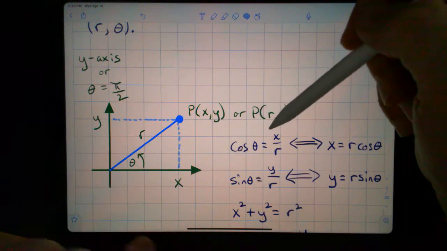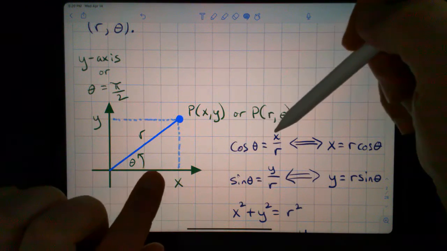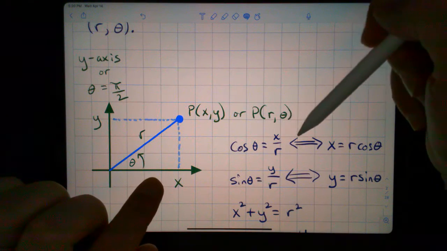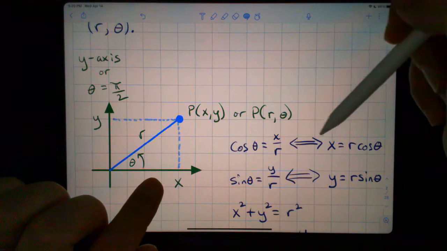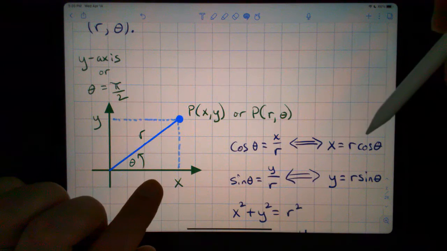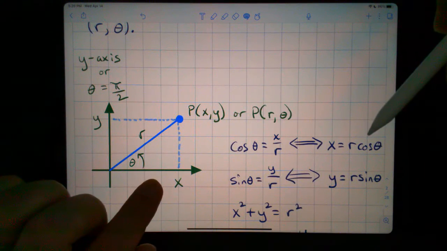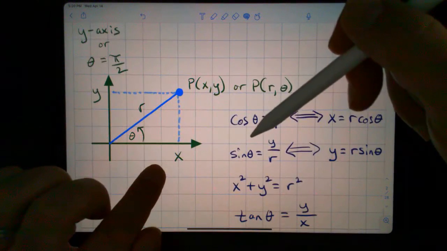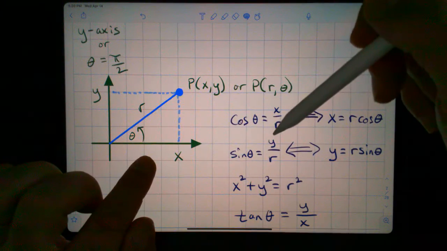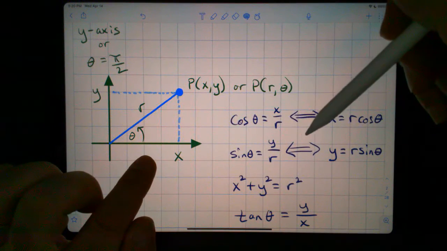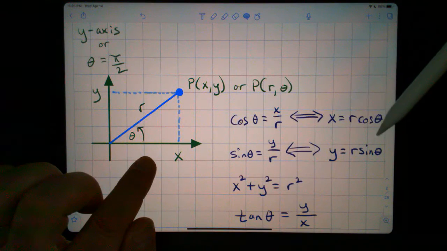So with this configuration, cosine theta is equal to x over r if and only if x is equal to r cosine theta. Same thing with sine. Sine of theta equals y over r if and only if y equals r sine theta.